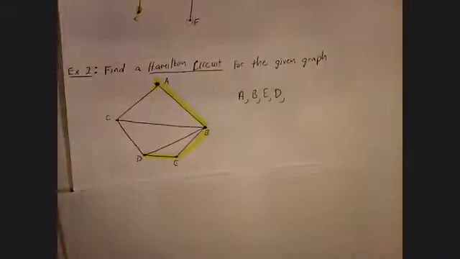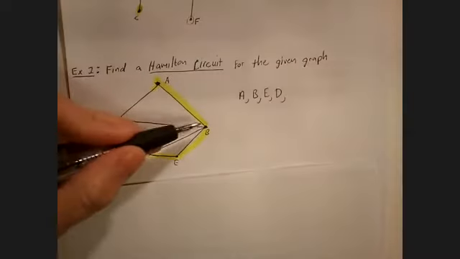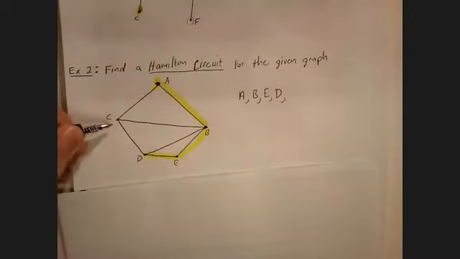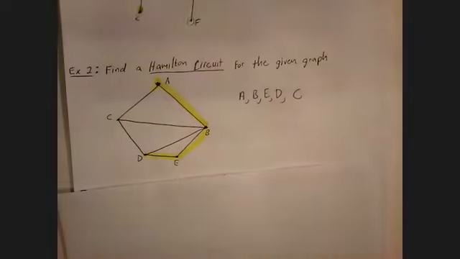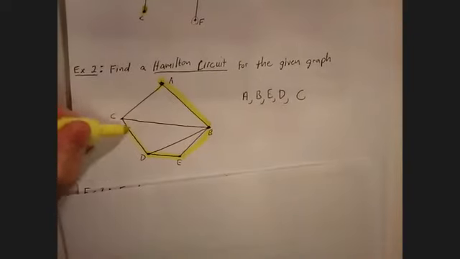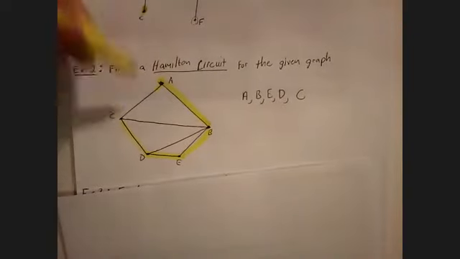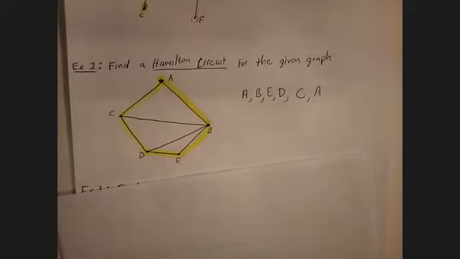So I got to think that way. So we just did A, B, E, D. I'm going to go to C. And then, since it's a circuit, I'm going to go back to A. So that is a Hamilton circuit.